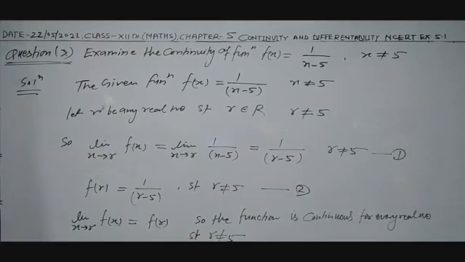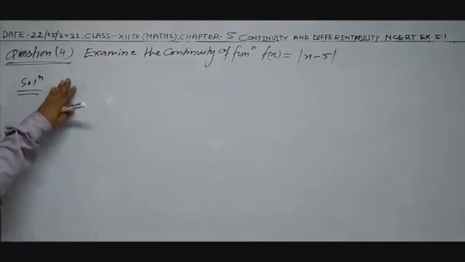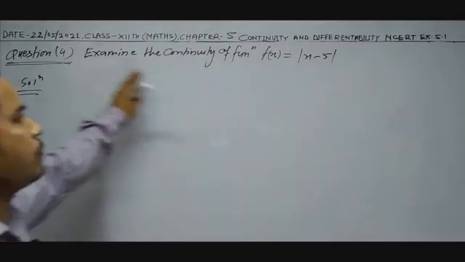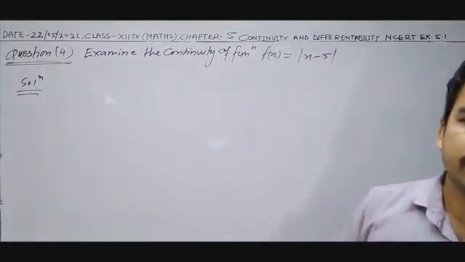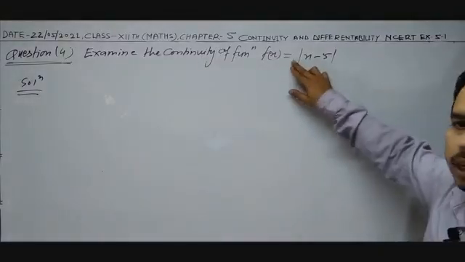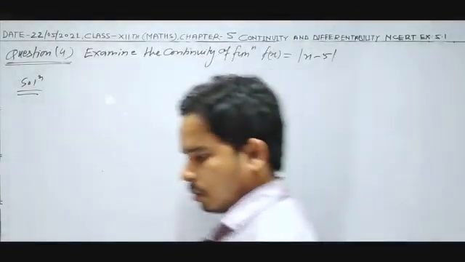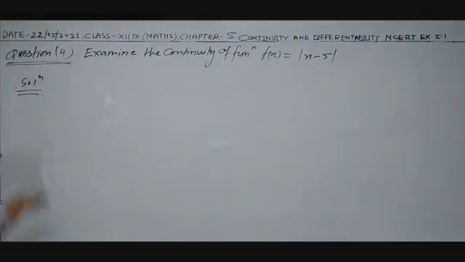Now come to the next question. Question number 4: examine the continuity of the function f(x) is equal to mod of x minus 5. So you know the modulus function is continuous everywhere. So see how it can be proved.